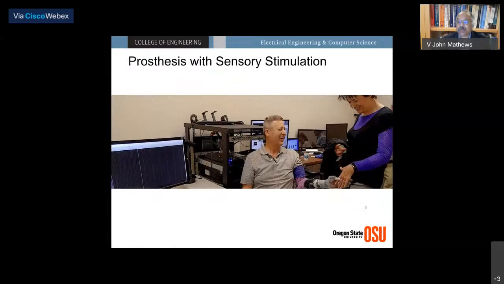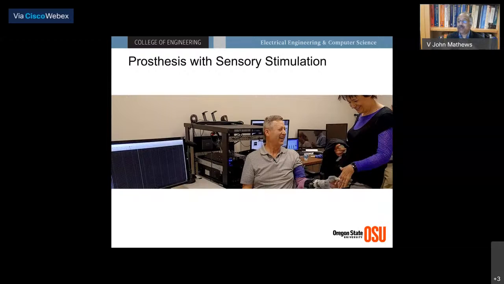This is more a cheesy episode more than anything else. This is our subject, and we have permission to show these pictures. This was the first time he was fitted with the artificial arm, and these arms can not just do things; they can also stimulate the sensory nerve so that he can feel things.